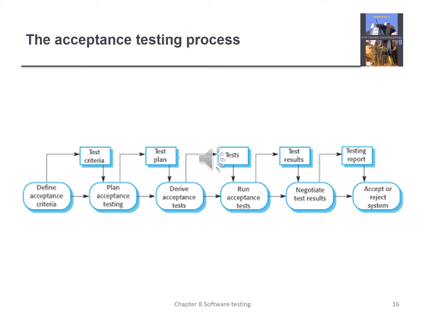Then we run the acceptance tests. Then we negotiate the result of the test: acceptable, not acceptable, needs changing, whatever it is. And either we accept or reject the system. If we accept it, we install it. Otherwise, we have to change something and do it again and again until we reach an agreement.